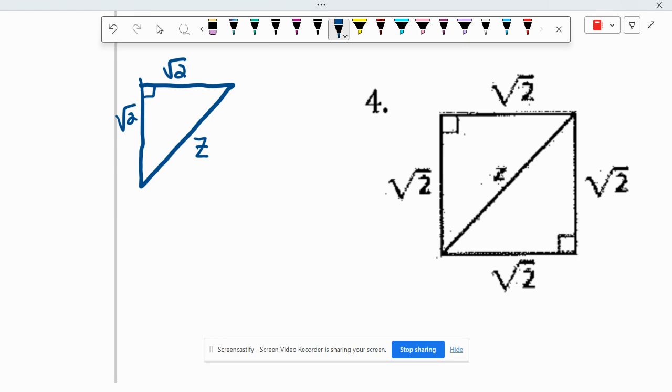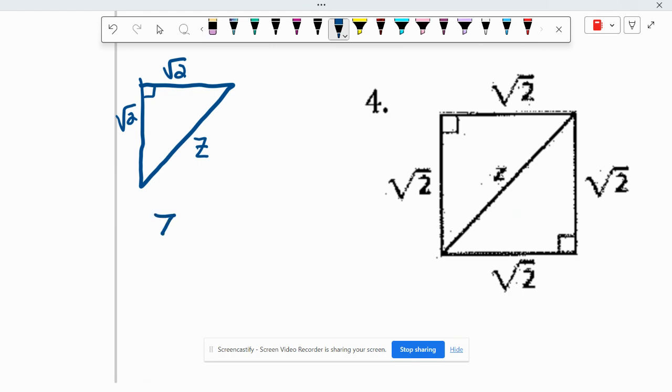Take the leg and do what, TJ? Take the leg and do what, Eden? Take the leg and do what, Kara? Yeah, you take the leg times the square root of 2.